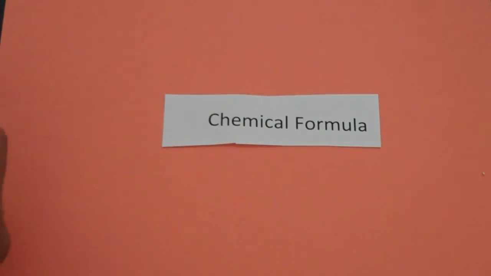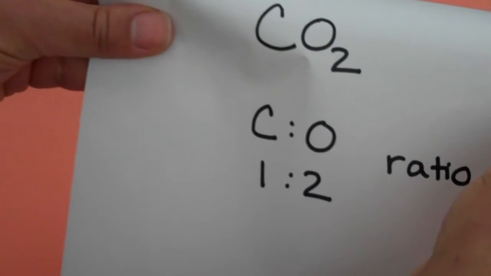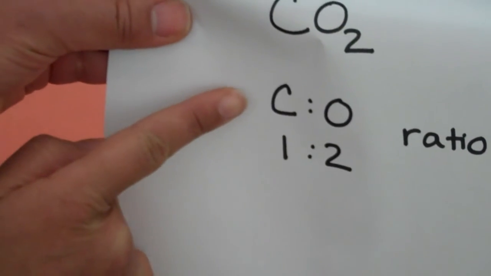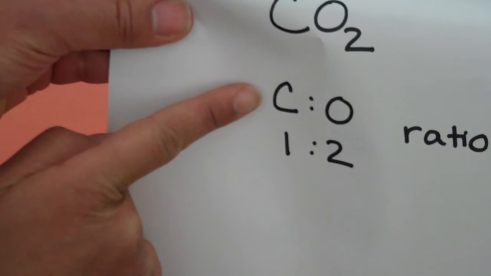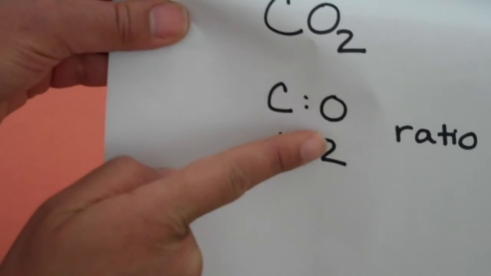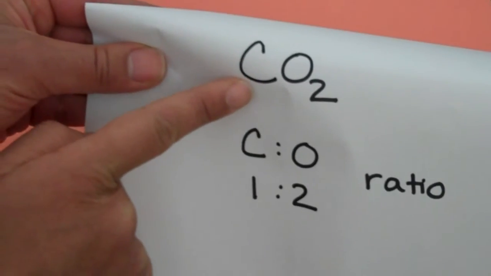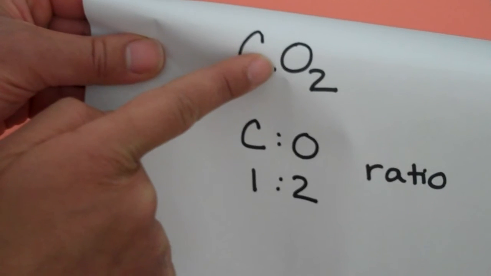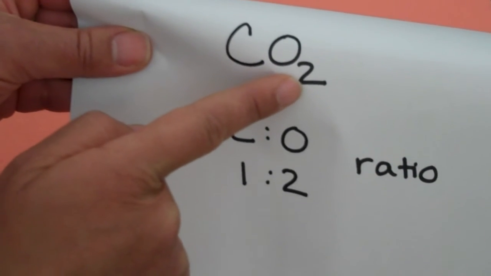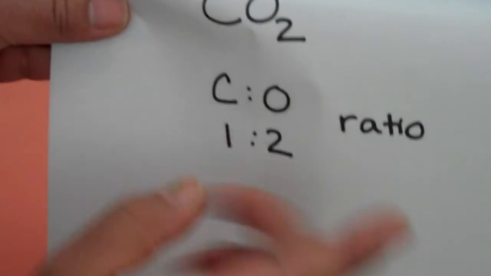So, carbon dioxide would be CO2, where you have 1 carbon, and this is O for oxygen, 2 oxygen. So the ratio is 1 to 2. And we write the formula like this. Notice here we do not write the number 1, but we will write any other number 2 and above.